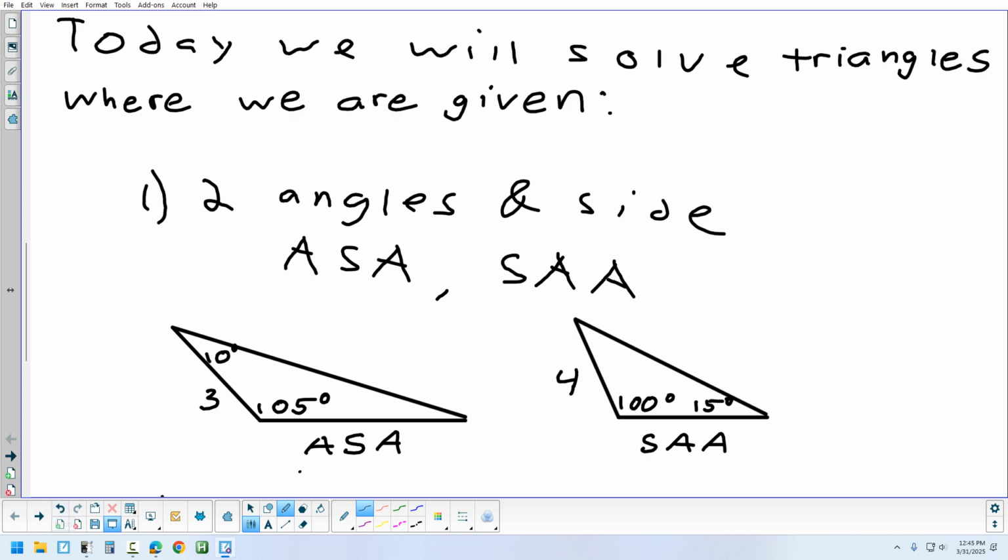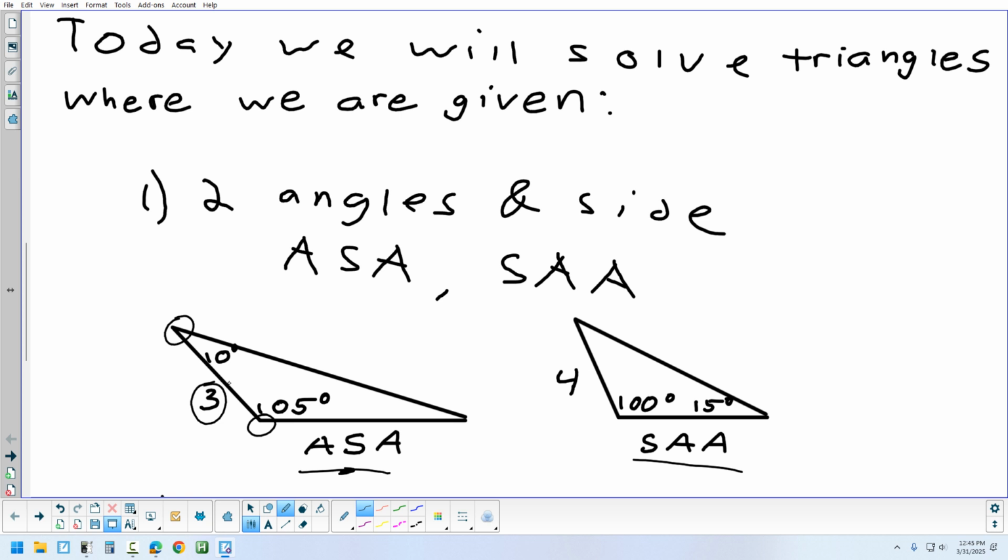These three letters are used to describe what pieces of information you're given and where it is. Both of these, they give you two angles and a side. The difference is, where is the side? Is the side between the two angles? Like in this one, you have an angle up here, an angle down here, and the side they gave you is the one that connects them.